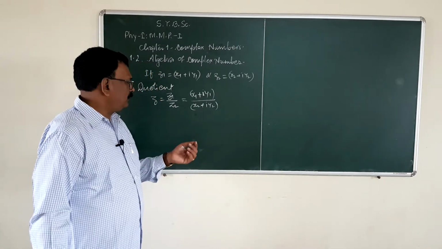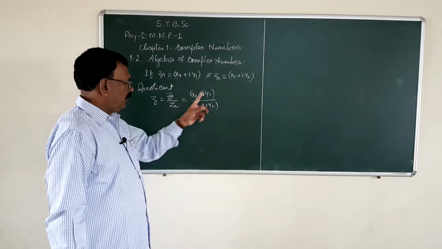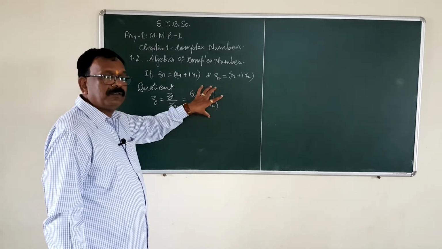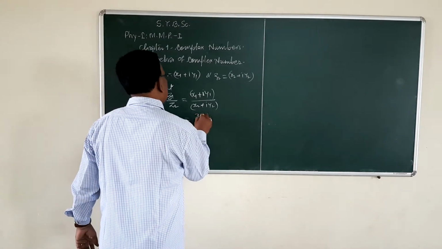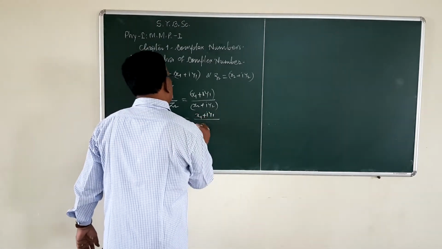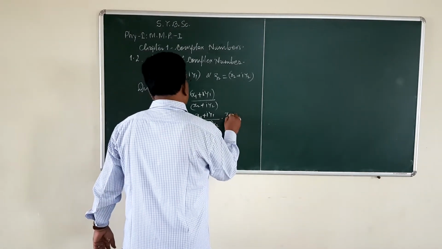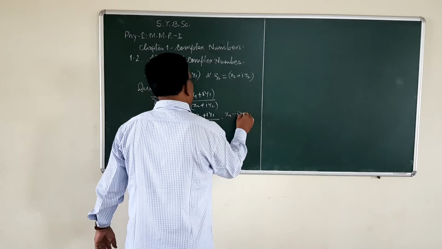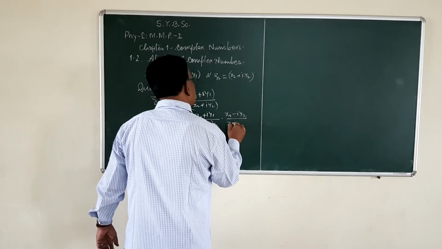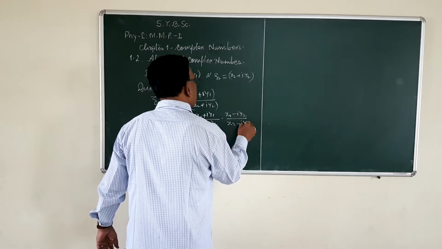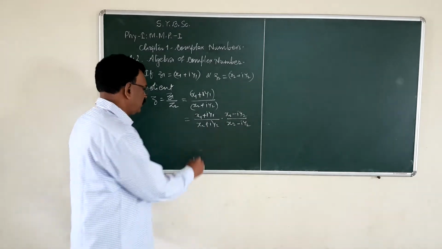After the conversion, we have to multiply and divide this equation by the complex conjugate of this term. That is, x1 plus iy1 divided by x2 plus iy2, and here multiply and divide by x2 minus iy2 upon x2 minus iy2. Here x2 minus iy2 is the complex conjugate of this term.